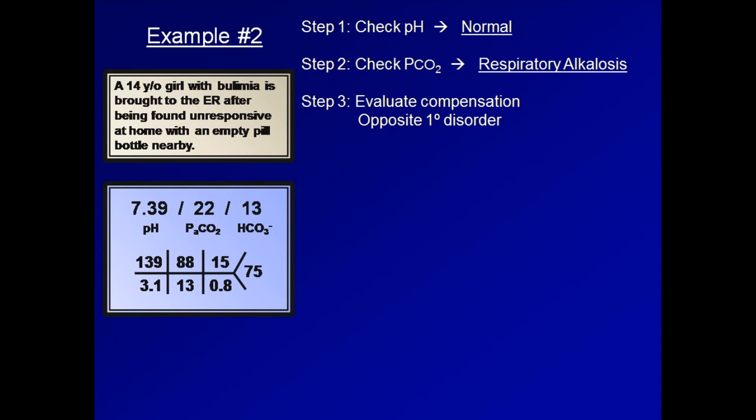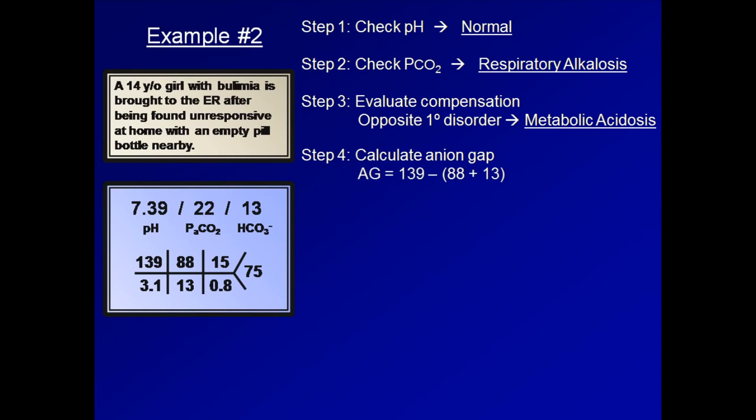The opposite of a respiratory alkalosis is a metabolic acidosis. So far, so good. Step 4 is to calculate the anion gap. 139 minus 88 and 13 is a very severe and impressive 38. Therefore, this girl definitely has an elevated gap metabolic acidosis.